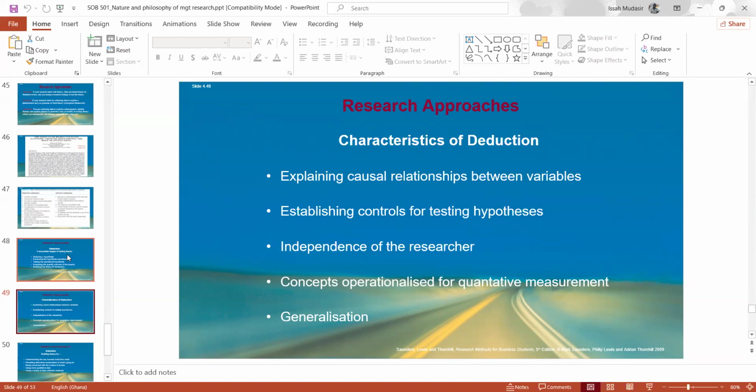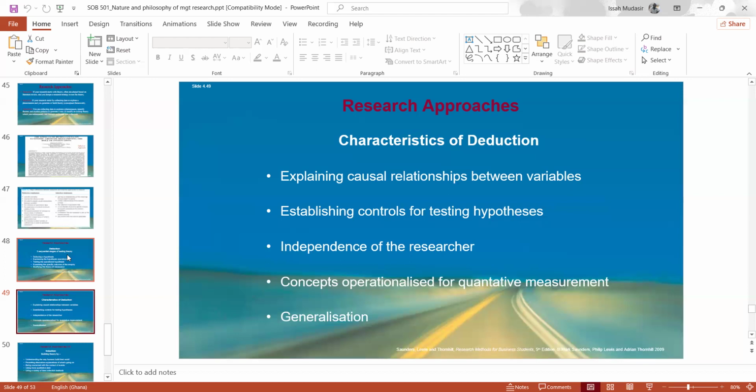Whereas inductive research is undertaken by those that are usually constructivists or critical realists or sometimes pragmatists. So that's how you look at it.